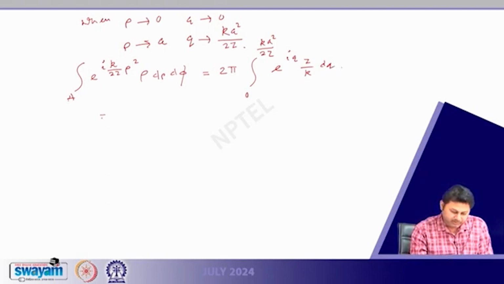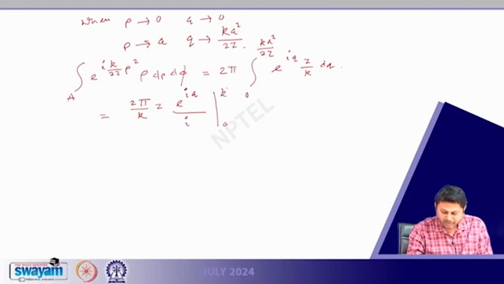So this is simply 2 pi divided by k and z, then e to the power of i q divided by i with the limit 0 to k a square divided by 2z. So this is 2 pi divided by k i.